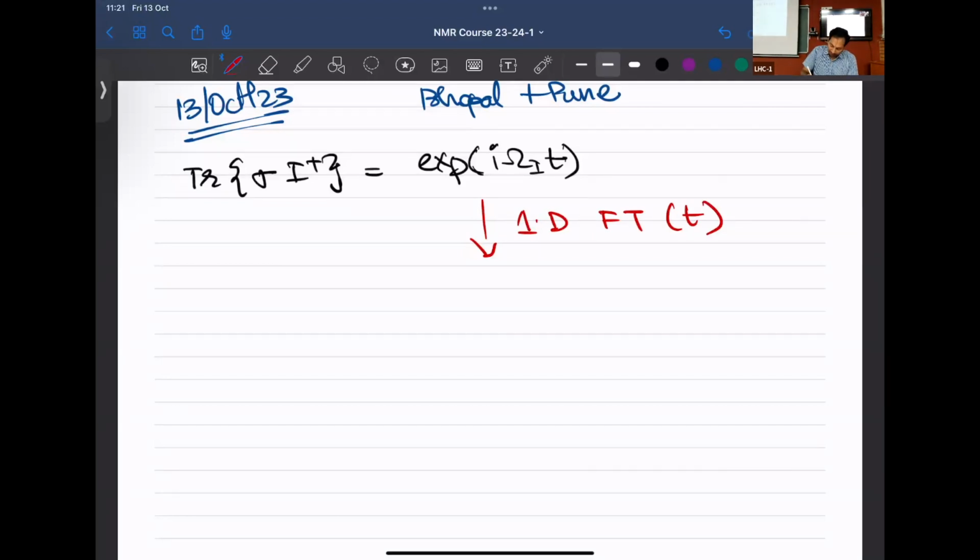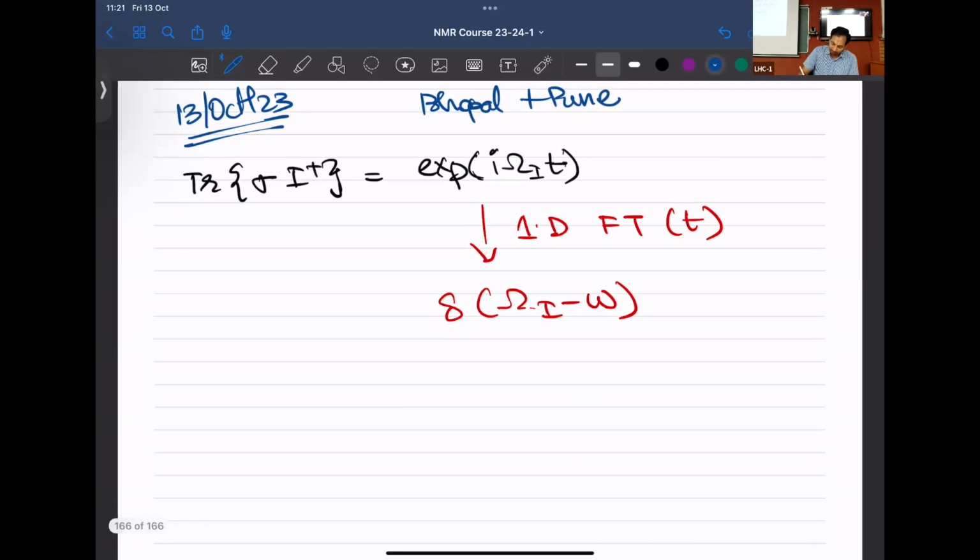What do you end up getting? You get a delta function at omega I minus omega. Of course, there is a component of relaxation. In the density matrix formalism, we will not invoke it, which ends up just coming as a convolution as absorptive and dispersive peaks, u omega plus i v omega. We had done that before, right?